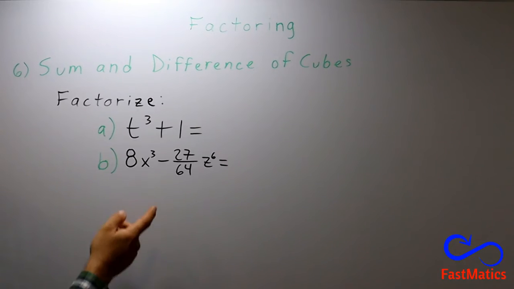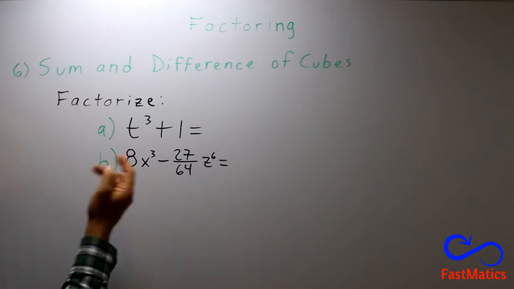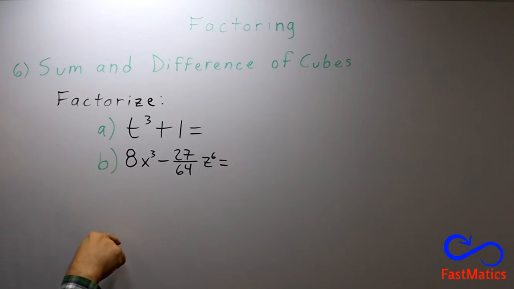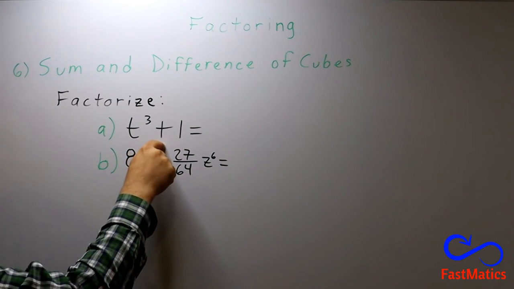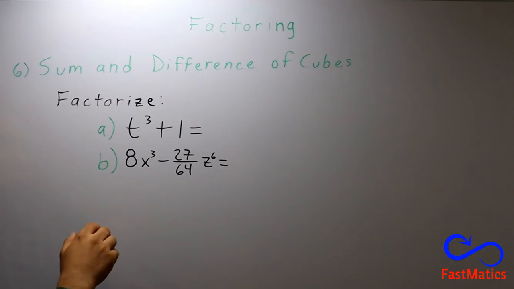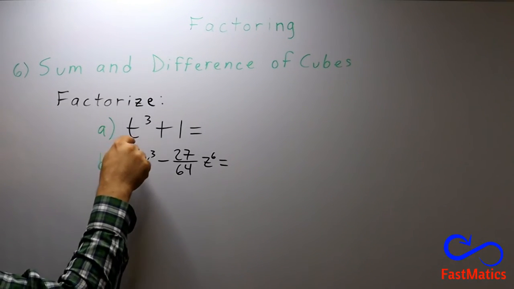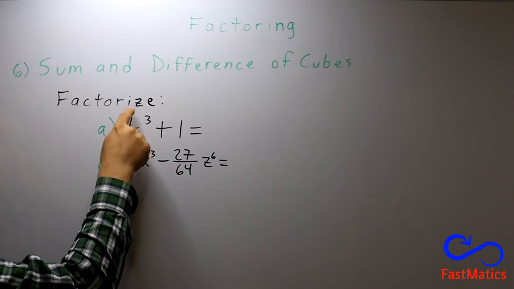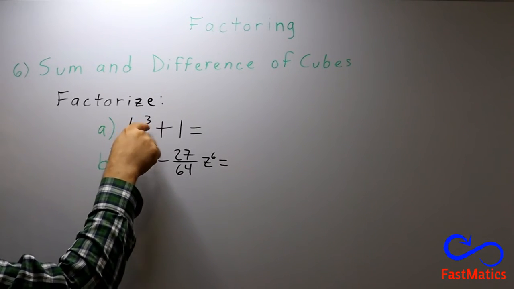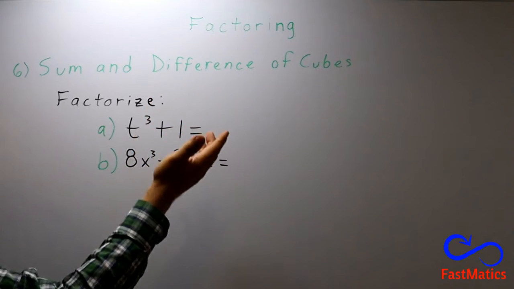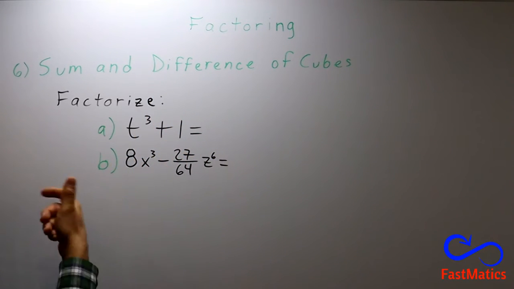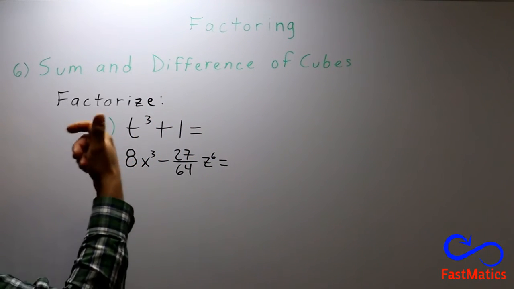No, we have only 2 terms. Do we have 2 terms separated by a negative sign and both with square root? No. It is not easy to get the square root of t to the power of 3, so it is not a difference of squares.